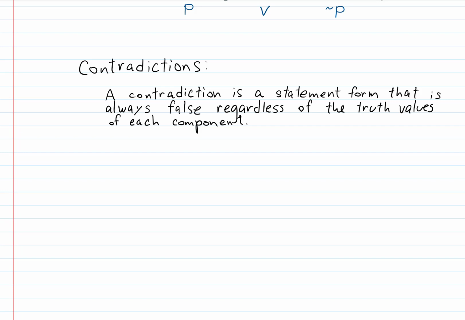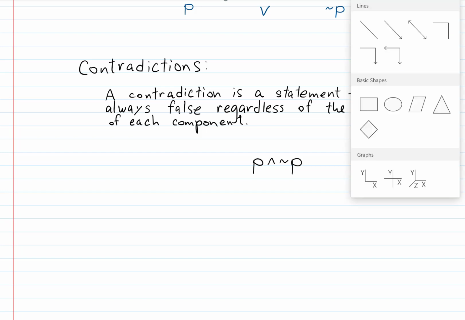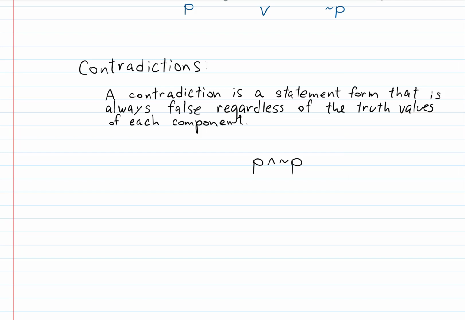Okay. So an example of a contradiction could be P and not P. That's a contradiction because if I make a truth table for that, you'll see that it's always false.